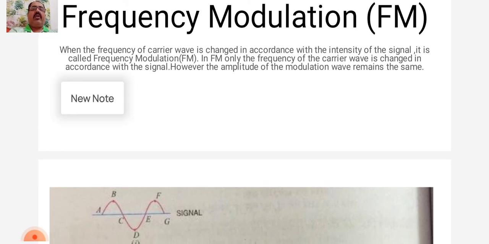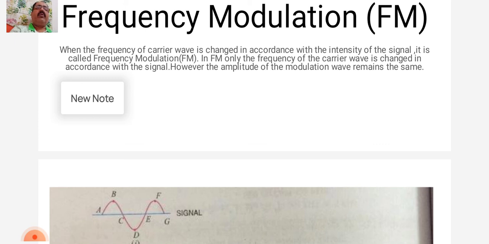So let me explain what happened in this figure. When the signal voltage is 0, as at A, C, E and G, the carrier frequency is unchanged. When the signal approaches its positive peaks, as at B and F, the carrier frequency is increased to maximum, as shown by the closely spaced cycles.